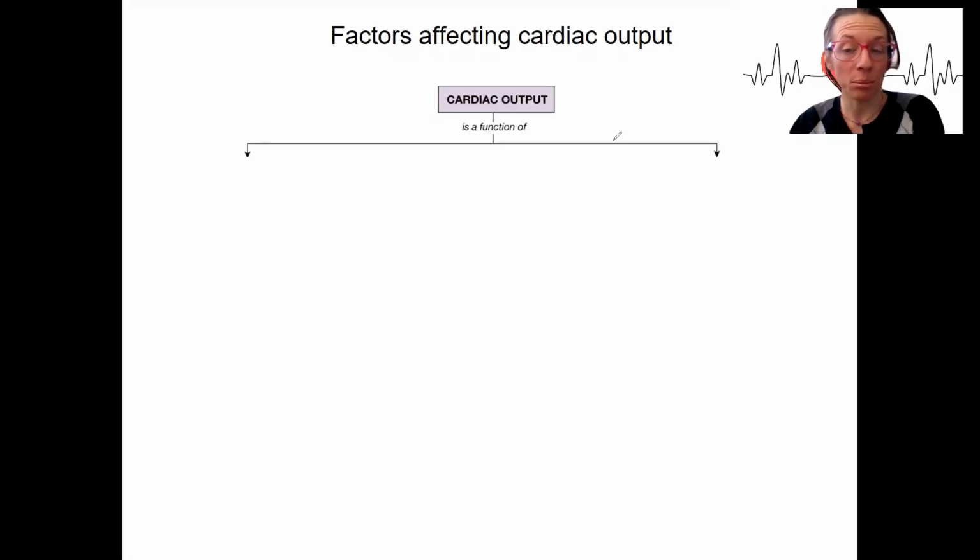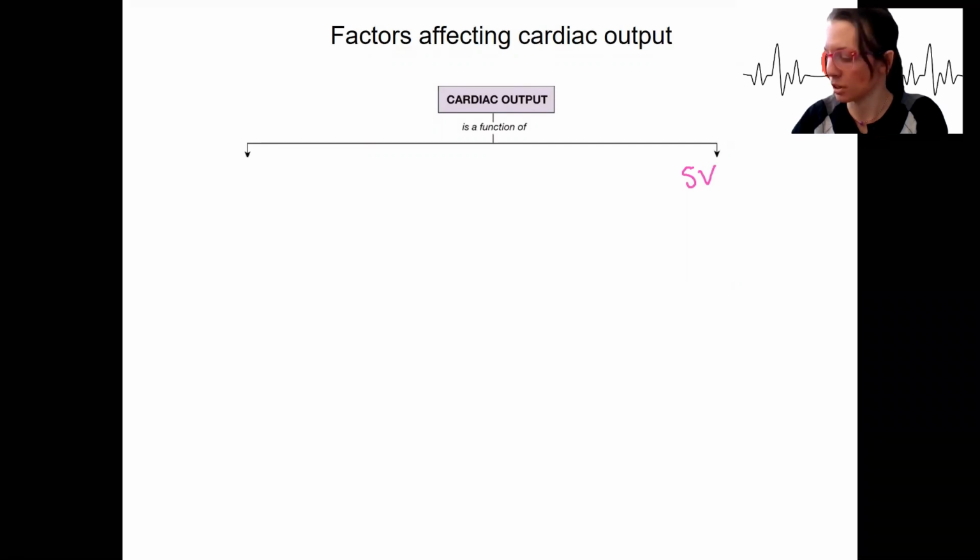So cardiac output, it's a function of stroke volume and heart rate. I'm going to do these in different colors. So each of those things can be regulated and adjusted. So let's do stroke volume first.